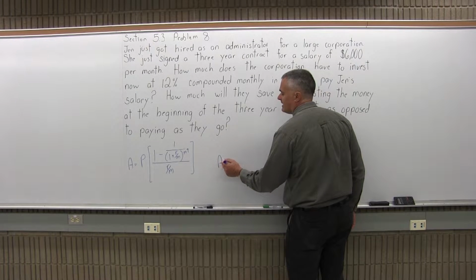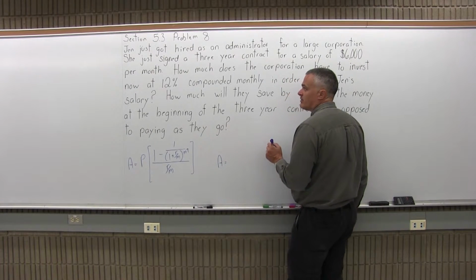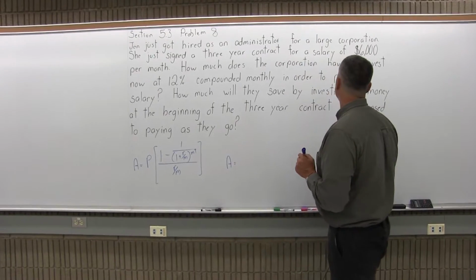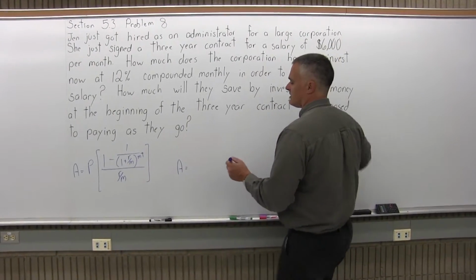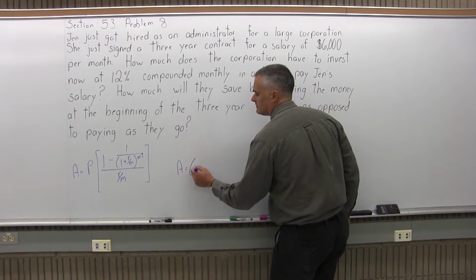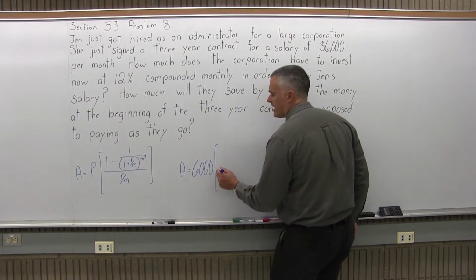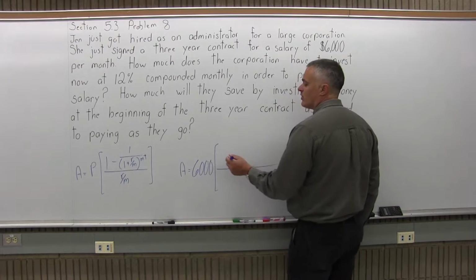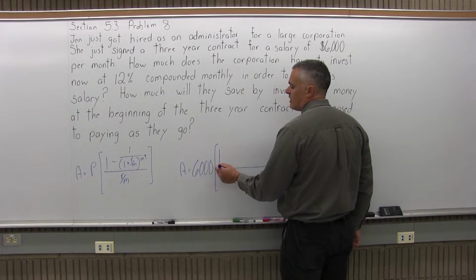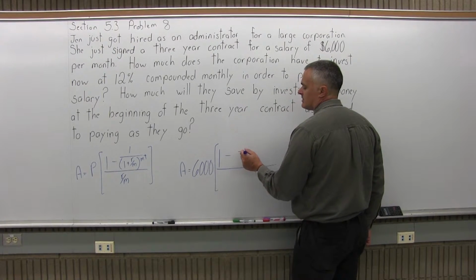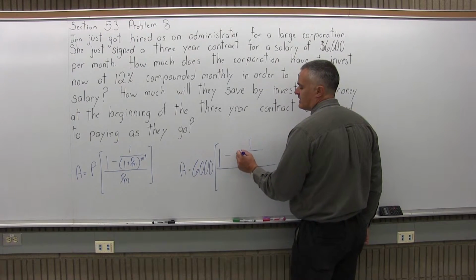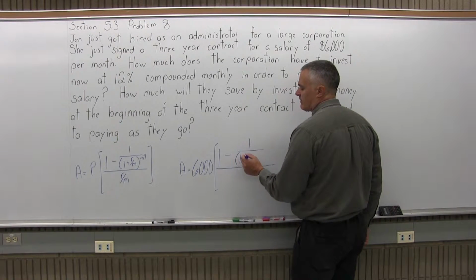That'll give us A equals, P is the regular payment. So for this particular problem, it's $6,000. That's the regular payment. Times the brackets. And in the numerator of the brackets, we have 1 minus 1 over, and then in parentheses, 1 plus r over m.